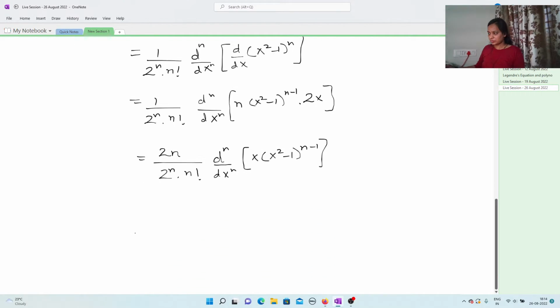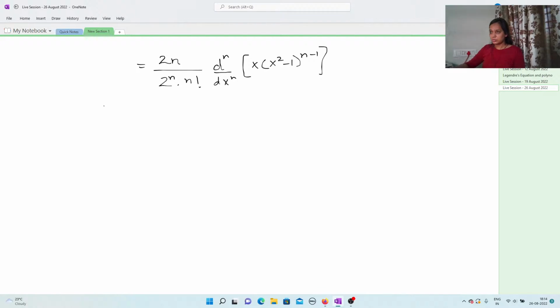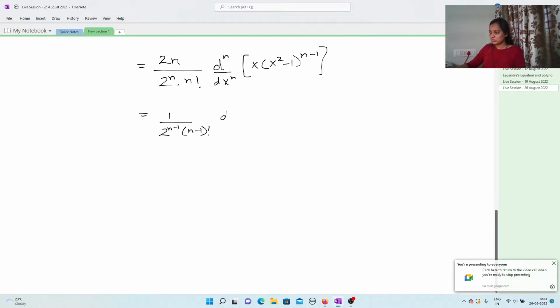Now we can write this as 1 over 2 to the power n minus 1 into (n minus 1) factorial, right? So this will be now d by dx to the power n minus 1, and we differentiate it once again.